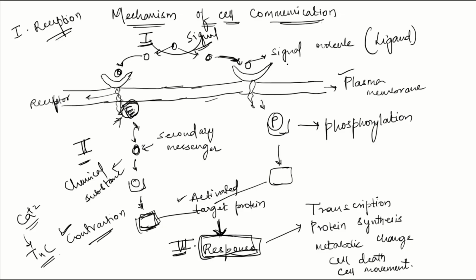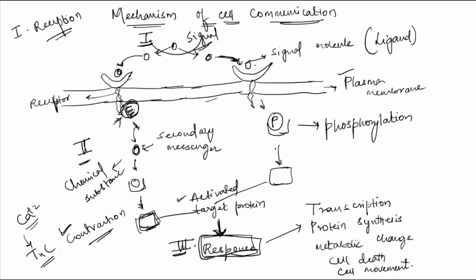In the second mechanism, when the chemical messenger binds to the receptor, there is no effector protein as in the previous scenario. Here the activation of the receptor leads to phosphorylation of an organelle or a substance inside the cell.